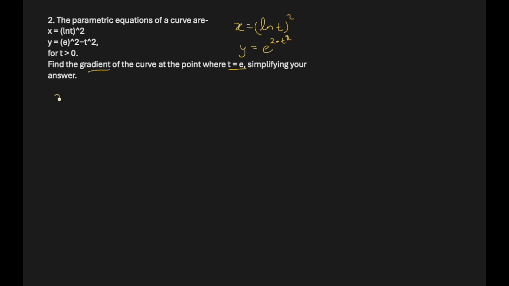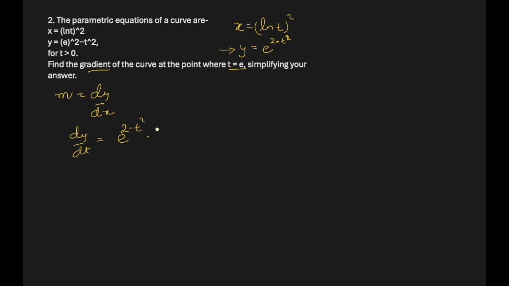So gradient m is nothing but dy over dx. For dy over dx, we need dy over dt first by chain rule. So dy over dt means we have to differentiate this with respect to t. So e to the power 2 minus t square will be copied. That is how we differentiate e.